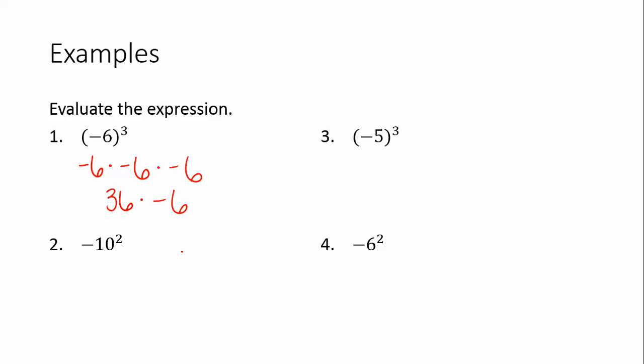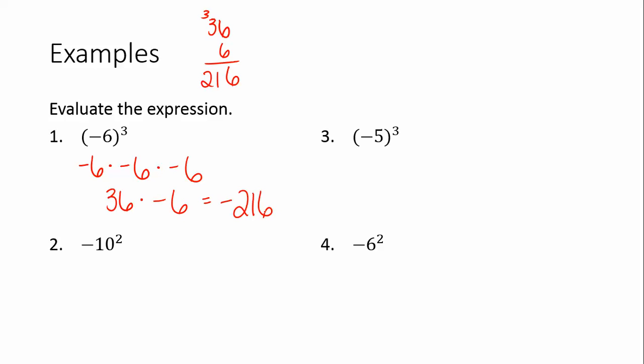I don't have a calculator handy, so I'm going to do some work here up top. 36 times 6. 3 times 6 is 18, 19, 20, 21. So we would get negative 216, because a positive times a negative is a negative.